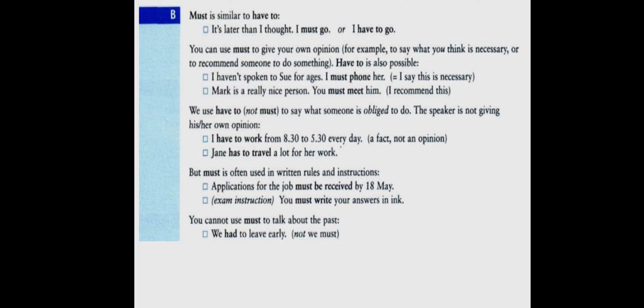But here, suppose in the exam students are asked to write in ink, so you will find a written rule on the paper of the exam, and you will find certain instruction there written. So you find you must write your answers in ink, and here it is exam instruction and written.